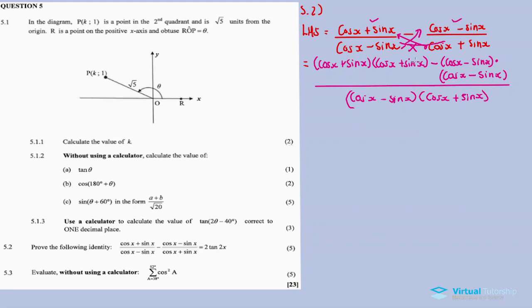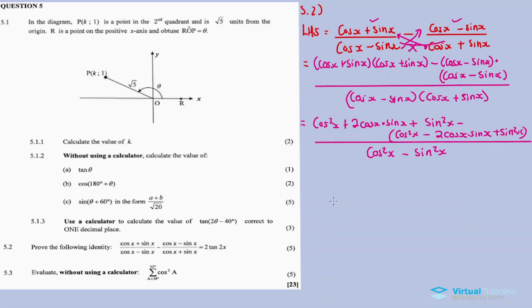Then you multiply these brackets by simplifying. Now we multiply this bracket with this bracket and we get this trinomial. But keep in mind this negative sign is what affects this whole trinomial, right?